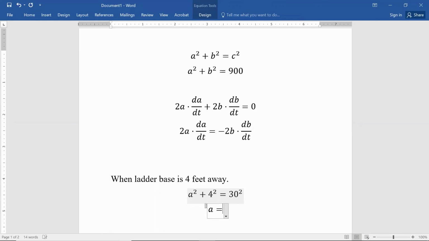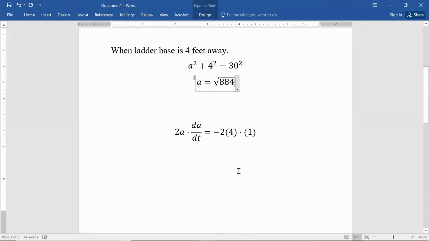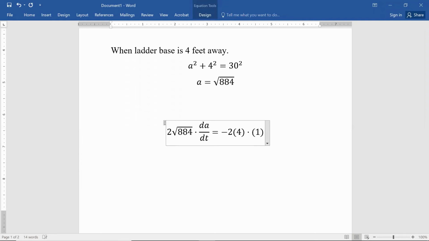So A squared is 884. Take a square root of 884 and you get about 29.73. I'm just going to call it the square root of 884 for sake of ease. That way, when I put it into my formula here, it looks a little bit nicer than having to write a bunch of decimals.